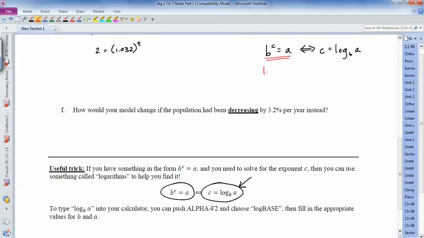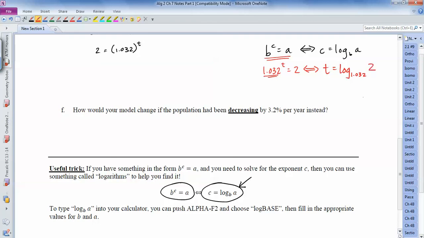The B is 1.032, the C is a T, and the A is 2. Right, C is the exponent. That's what I'm solving for. T equals log, and then the B is 1.032, and the A is 2.